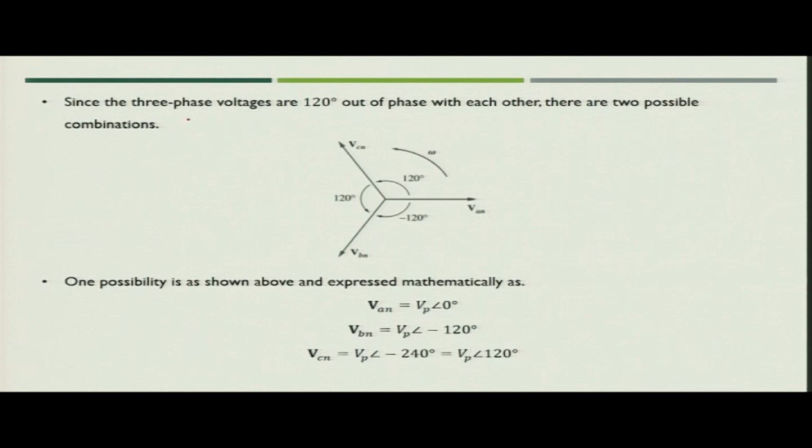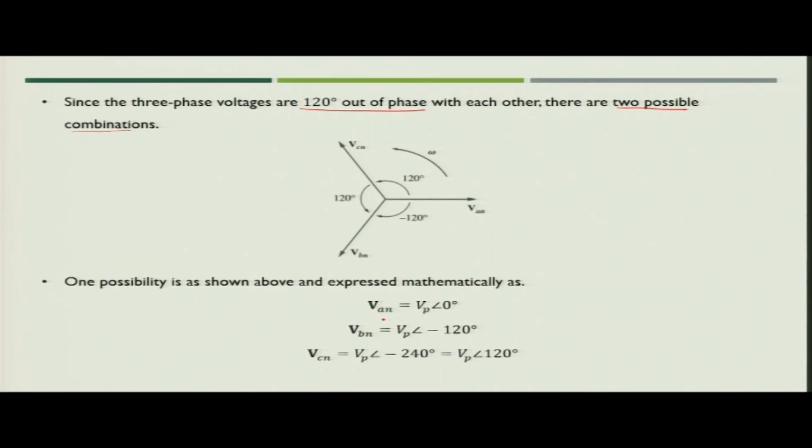Since the voltages are 120 degrees out of phase, there are two possible combinations for the arrangement of these phases. One such arrangement is shown in this slide, where VAN is leading VBN by 120 degrees and VBN is again leading VCN by 120 degrees.